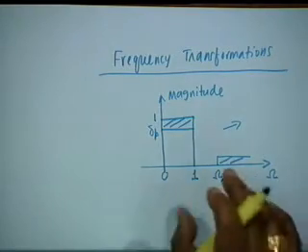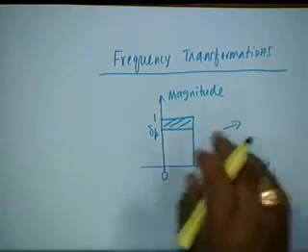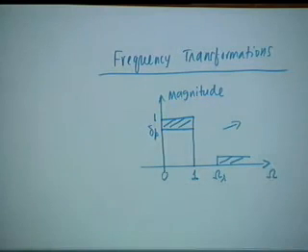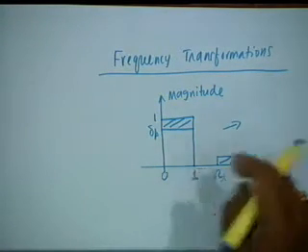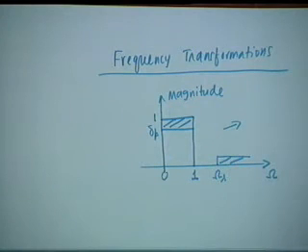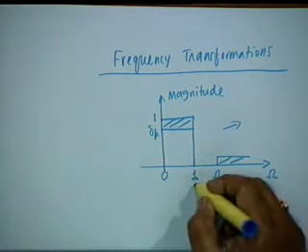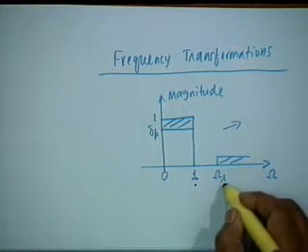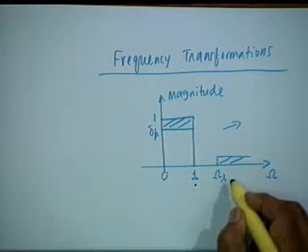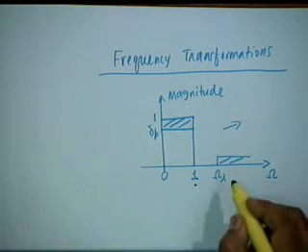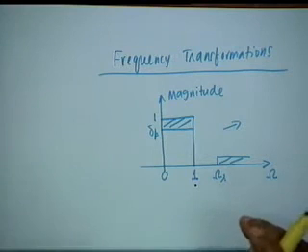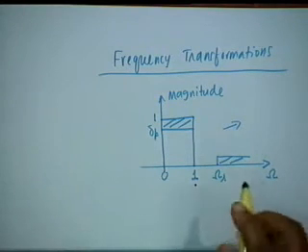Now fortunately in low pass to low pass we can keep the variables the same, that is small s here and small s by omega p there. Now if I convert this to omega p radians per second, then obviously the stop band will start from omega s multiplied by omega p. So this is frequency denormalization.